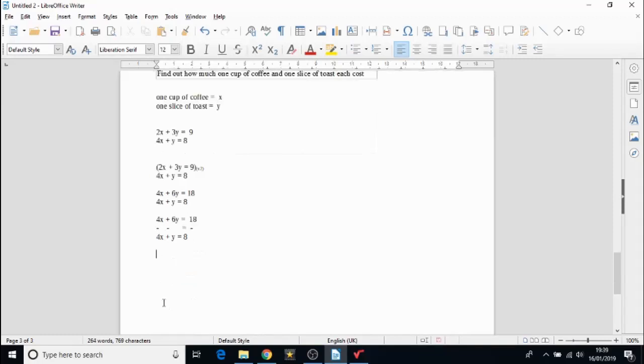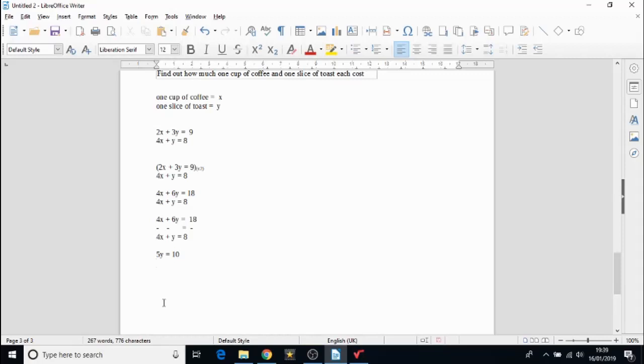So 4x minus 4x is 0, eliminated. 6y, positive 6y minus positive y is equal to 5y. 18 minus 8 is equal to 10. So now we've got 5y equals 10.